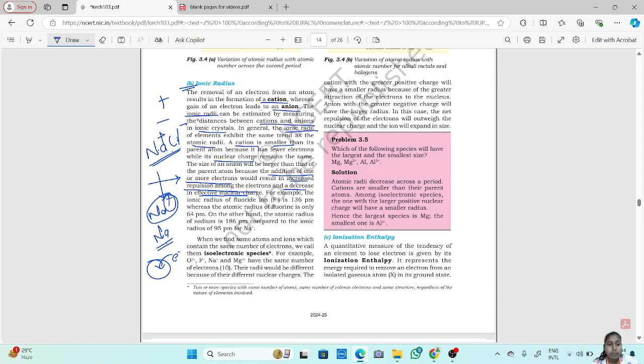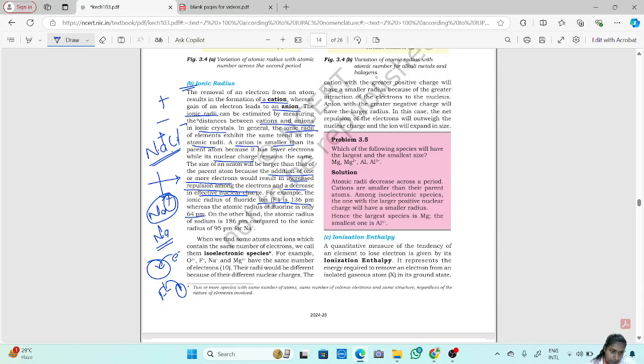Now, the best example for this is fluorine. Fluorine only requires one electron to complete its electronic configuration. So when it takes one electron, it will become 136 picometers, whereas the atomic radius of fluorine is only 64 picometers.